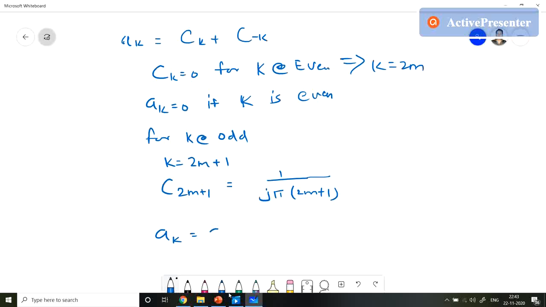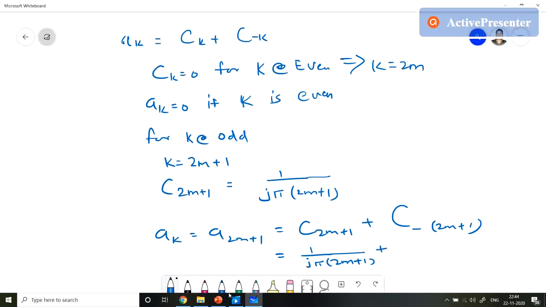So a_k, that is a of 2m plus 1 for odd value, we are just replacing the value of k. It is equal to c of 2m plus 1 plus c of minus (2m plus 1). So we get 1 divided by j pi (2m plus 1) plus 1 divided by minus j pi (2m plus 1), that is equal to 0.